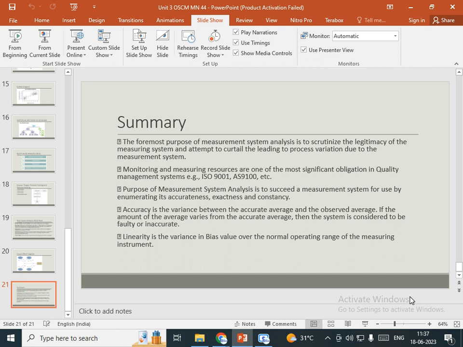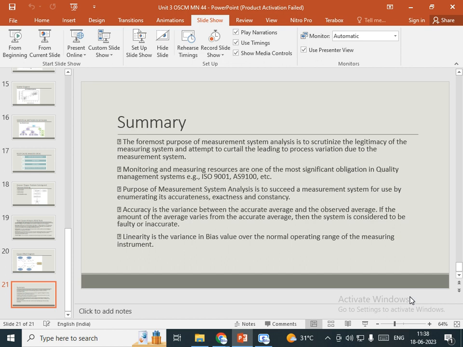Monitoring and measuring resources are one of the most significant obligations in the quality management system. The purpose of measurement system analysis is to ensure a measurement system is used consistently.